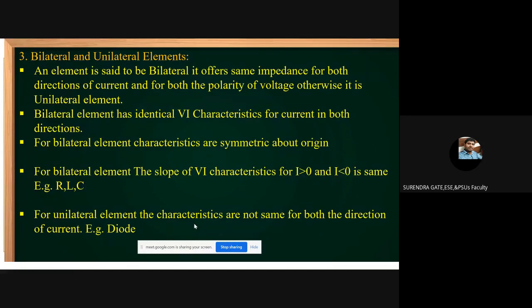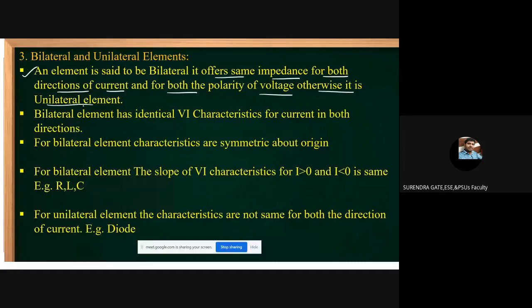The third type of characteristics is bilateral and unilateral elements. Students, please follow this. An element is said to be bilateral if it offers the same impedance for both directions of current and for both polarities of voltage.